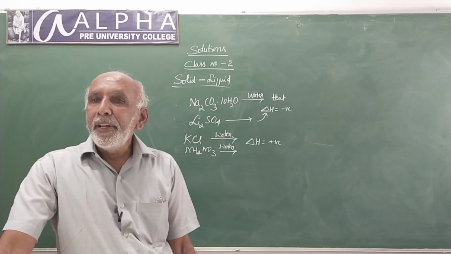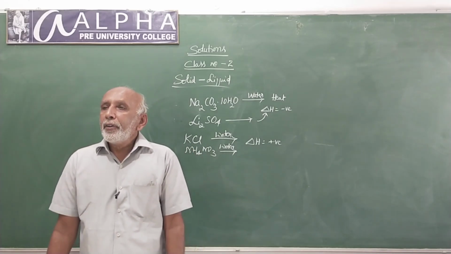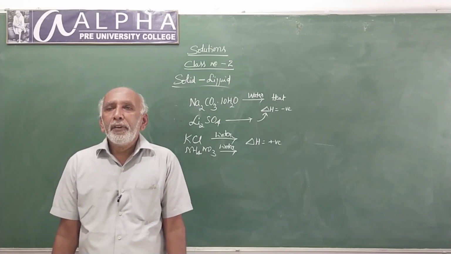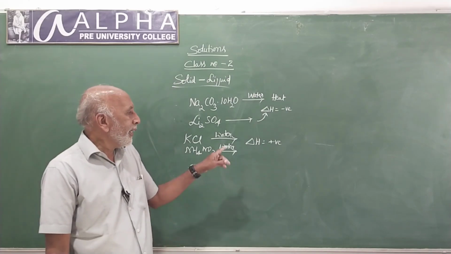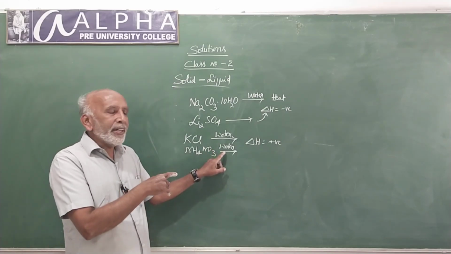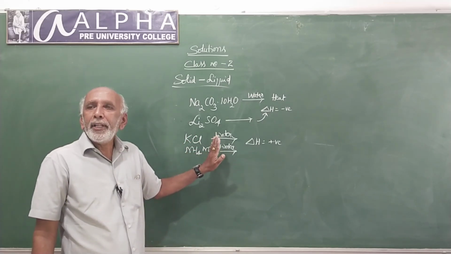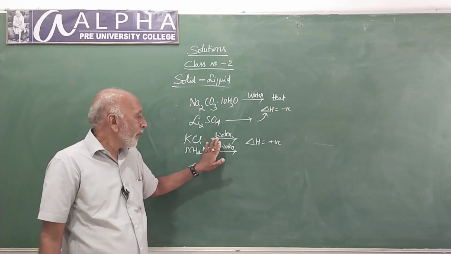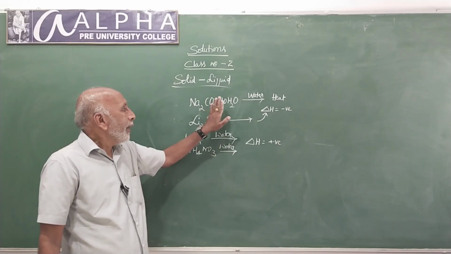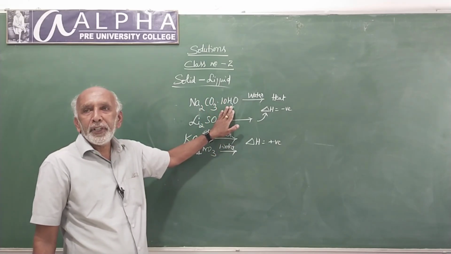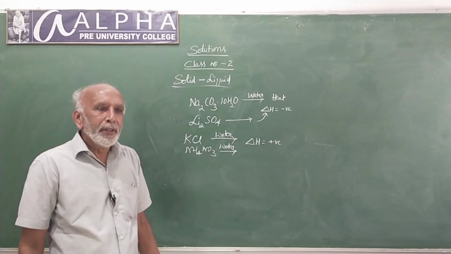According to Le Chatelier's principle, all endothermic processes are favored by rising the temperature. So, on rising the temperature, the solubility of these salts in water increases. So, rise in temperature is a favorable condition for this type of salts dissolving. Rise in temperature is not a favorable condition for the other type of salts dissolving or forming the solution.